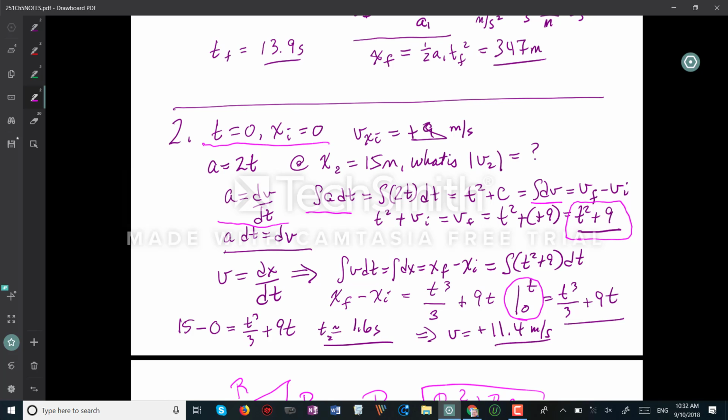We're changing position. And we forgot the lower limit, right? The V initial was equal to 9.